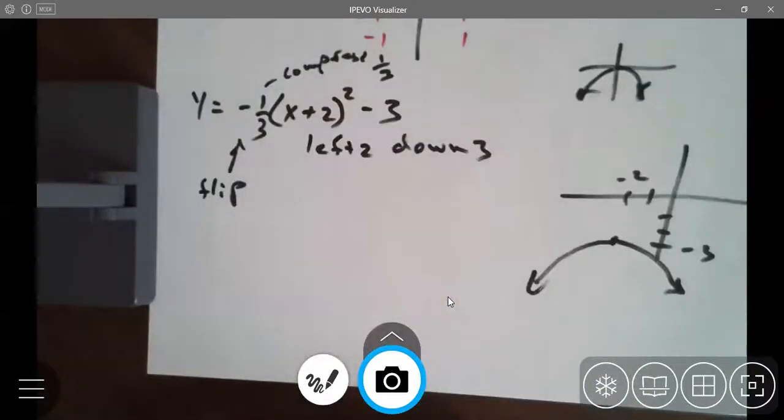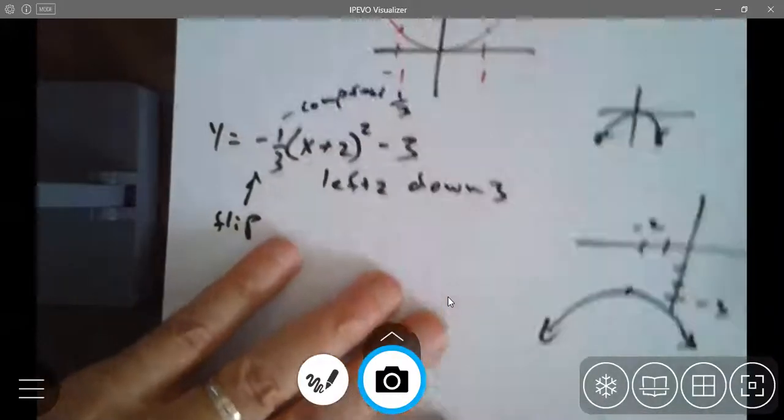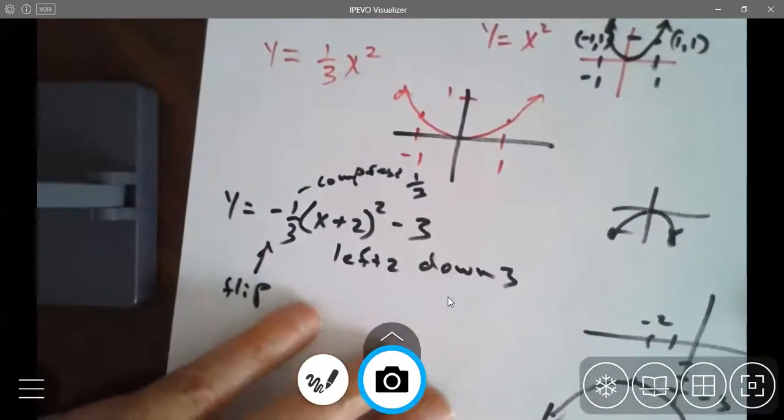So I think all they want is the remainder. Let me see. 13. Okay. So the remainder theorem basically, here, let me rewrite this.